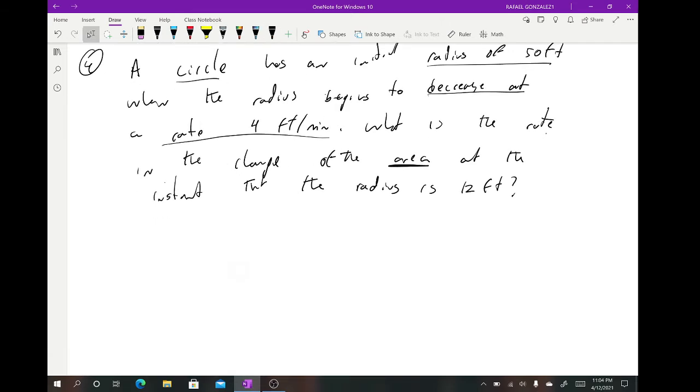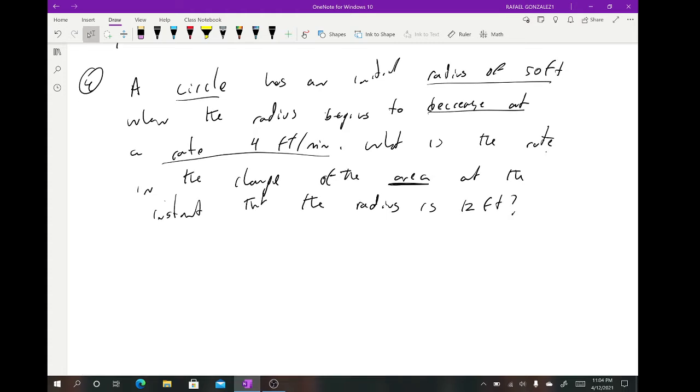Okay? Now, what relates in a circle, area and radius? Well, it's the actual area of a circle formula, which is A equals pi r squared. Here we have a clear relationship between the area of the circle and the radius.